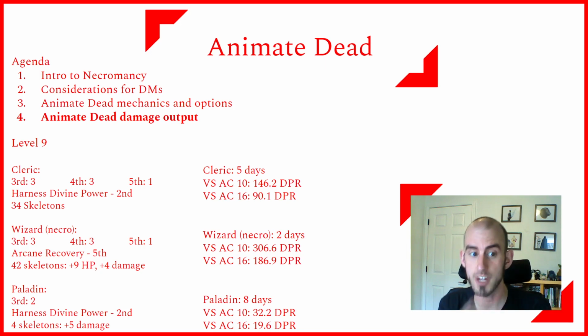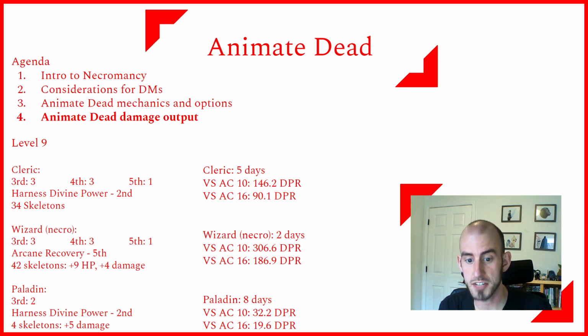And again, these are very solid numbers, but remember, you're committing, in this case, 6 spell slots to maintain this army. Now, our friend the Necromancer Wizard at level 9, their Arcane Recovery has been boosted to 5th level at this point, which means they essentially have 3 3rd, 3 4th, and 2 5th level spell slots for their army.